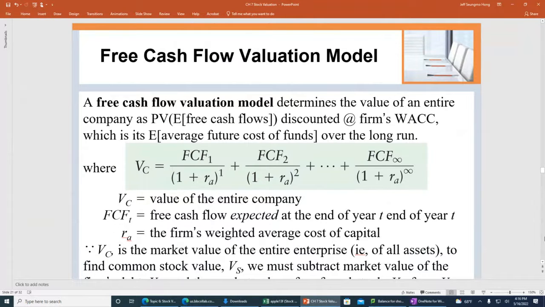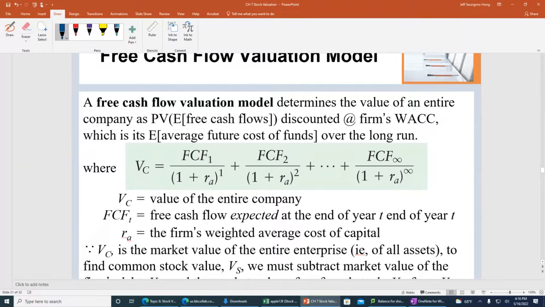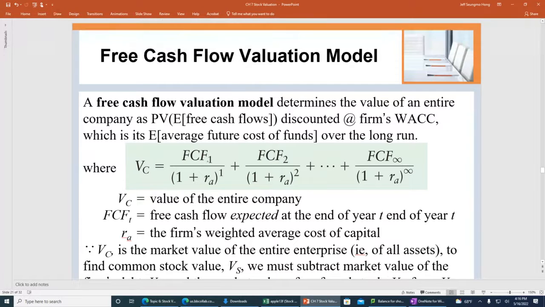But sometimes some people might think free cash flow is really free, some unbridled, libertine concept of cash flow.